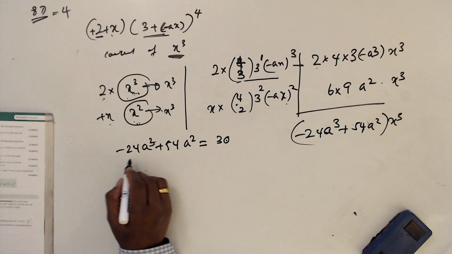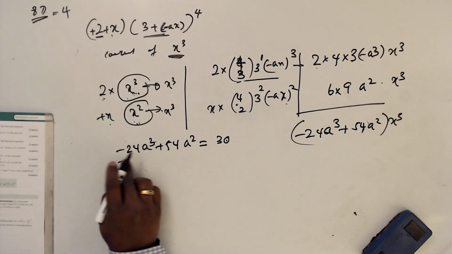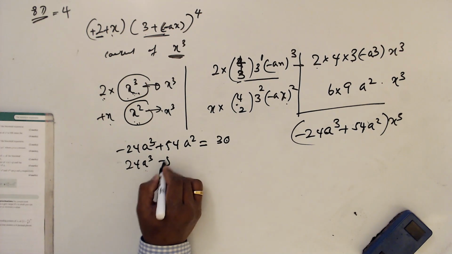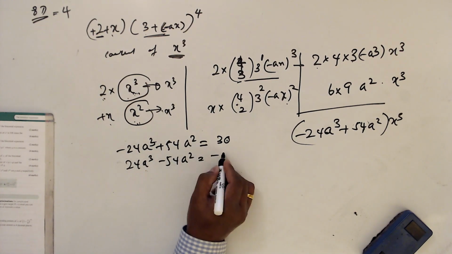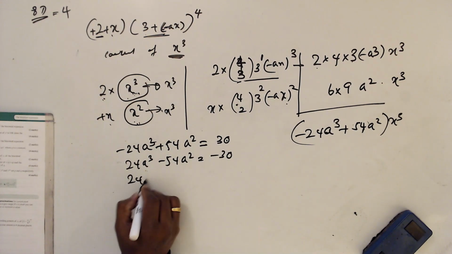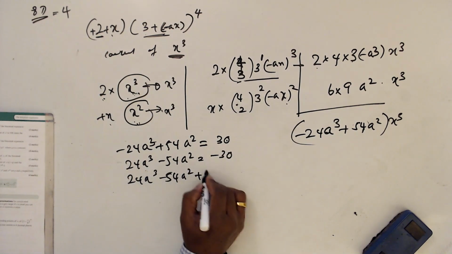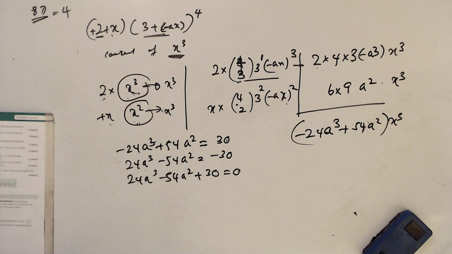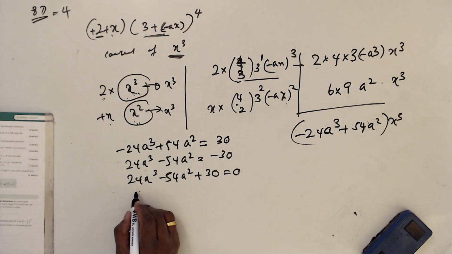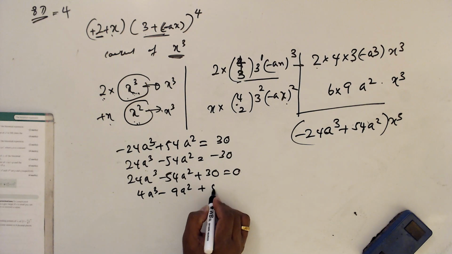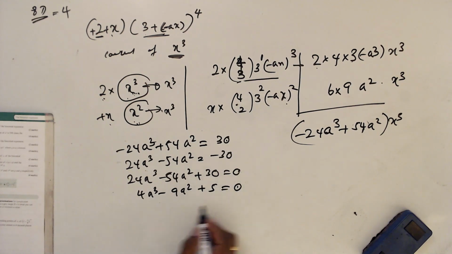Now if I multiply by minus, 24a cube minus 54a square equals minus 30. 24a cube minus 54a square plus 30 equals 0. So we can divide by 6: 4a cube minus 9a square plus 5 equals 0.